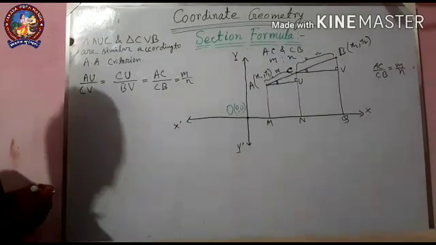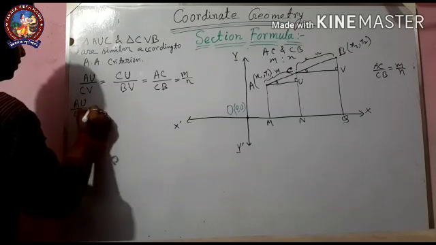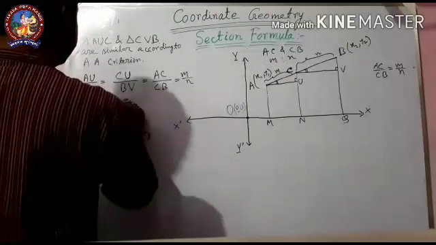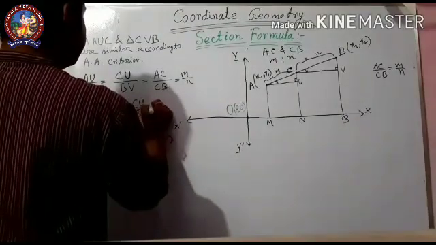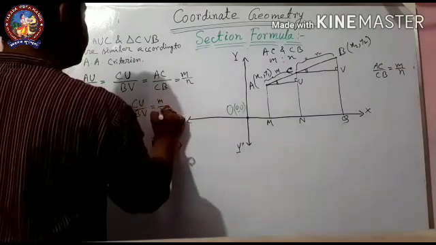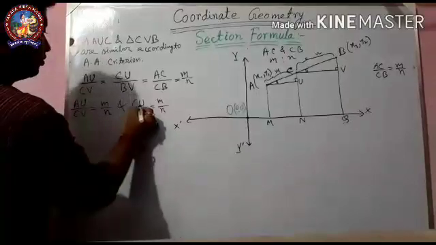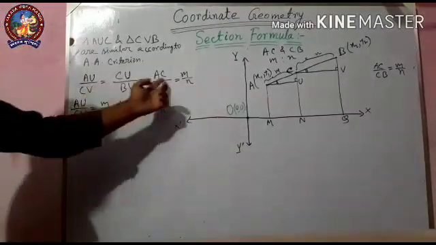So we can also write AU by CV equals m by n and CU by BV equals m by n. We can write these equations from this expression, right?